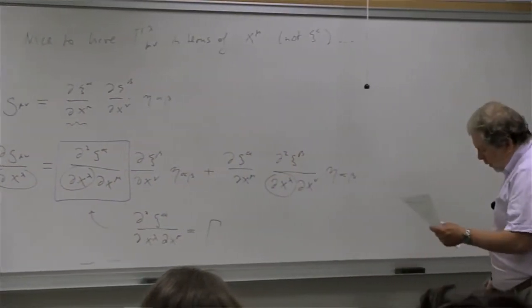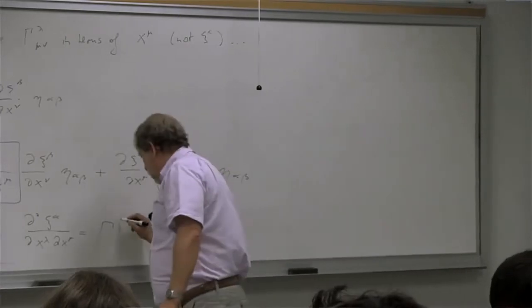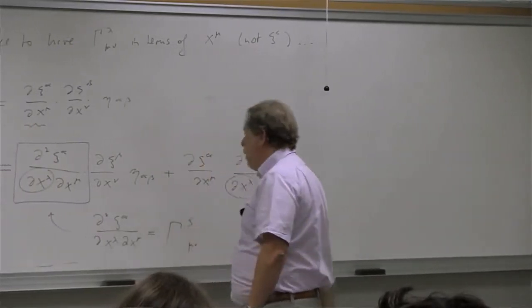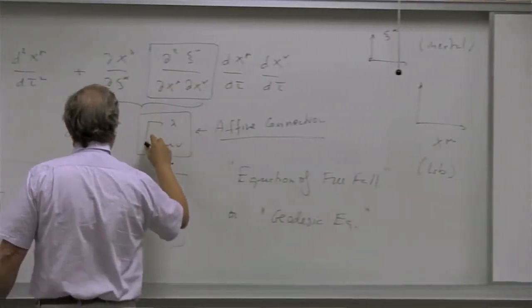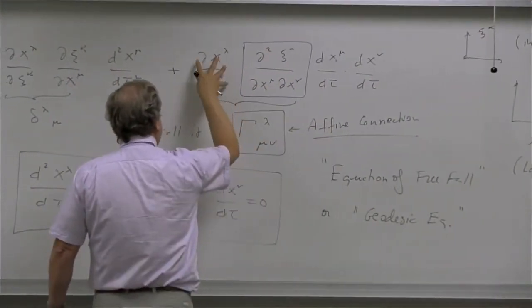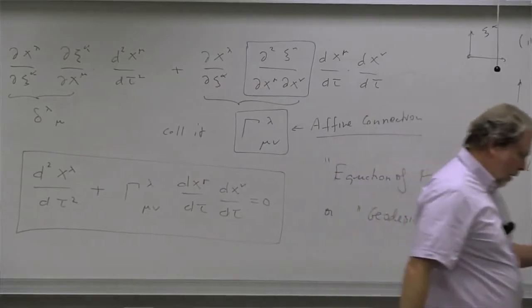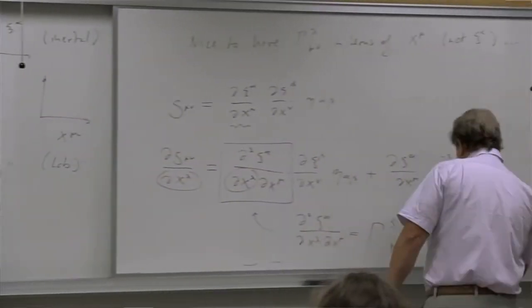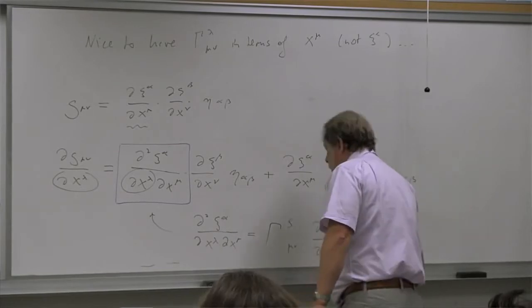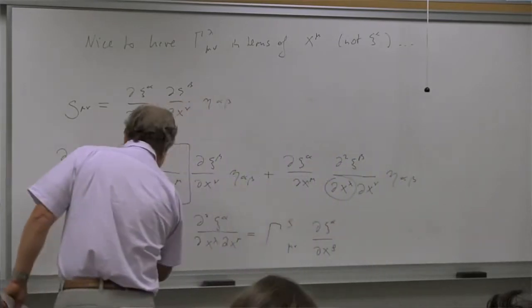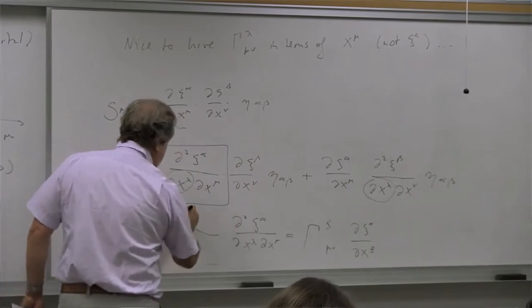So the new index is going to be a rho. So gamma rho mu nu. And then times, as I said, we want to isolate the second derivative. So it's going to be this gamma times the inverse of that, right? So times d psi alpha by dx rho. Okay, and so we're going to stick that in here.